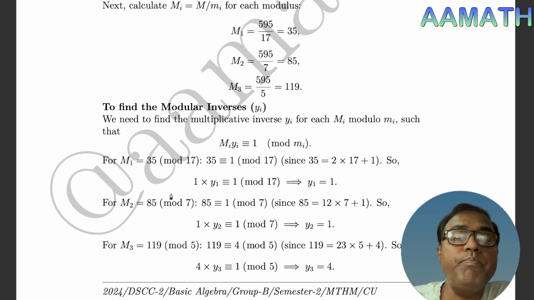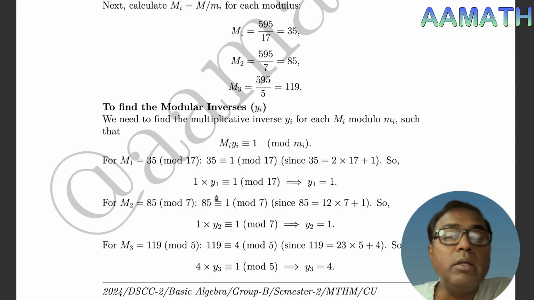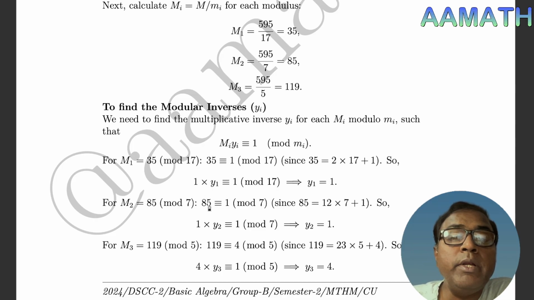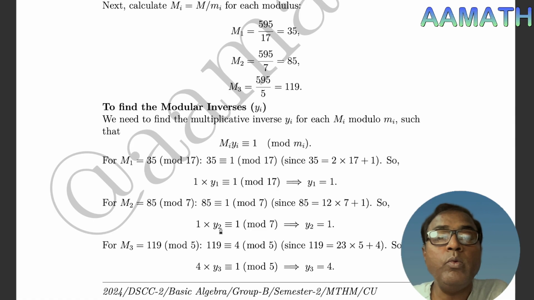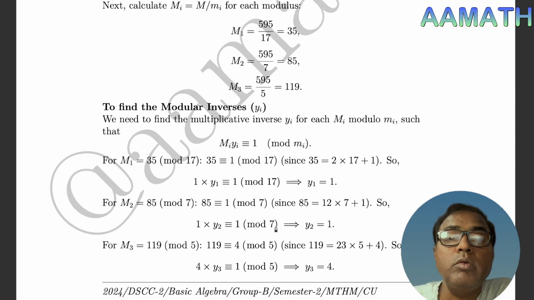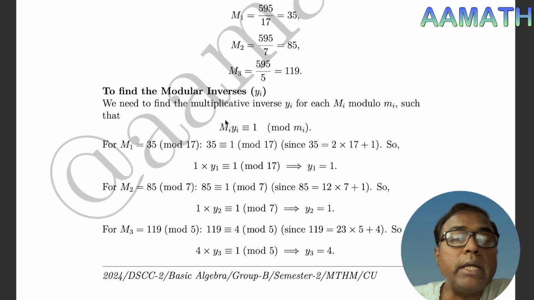For M2, 85 modulo 7. When we divide 85 by 7, the residue is 1. So 1 into y2 congruent to 1 modulo 7.